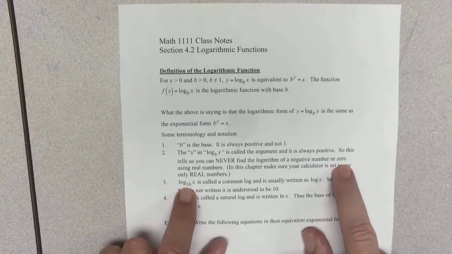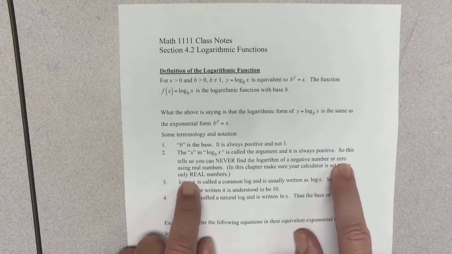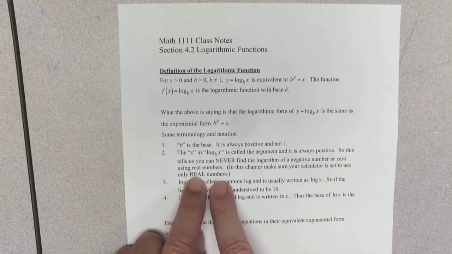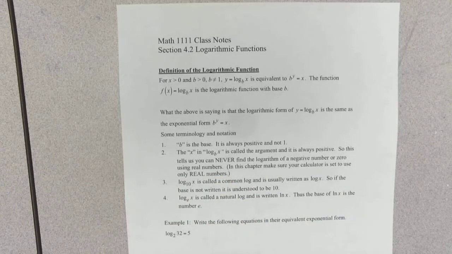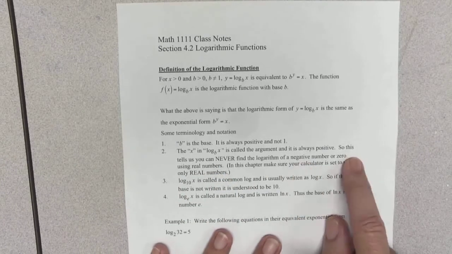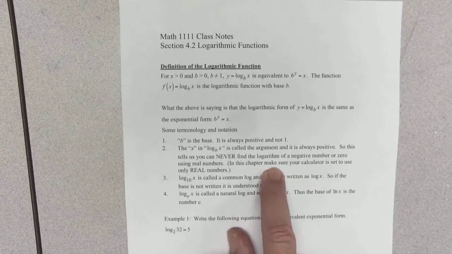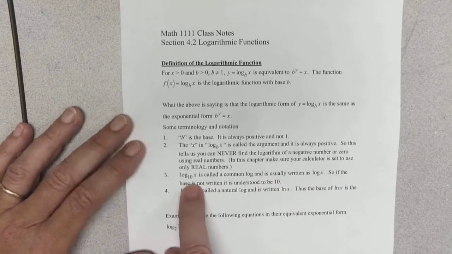That's somewhat misleading: log of 0 is always undefined, no matter what type of numbers you're using. But we're only going to use positive numbers, so you can't do the logarithm of negatives or zeros. And make sure your calculator is set for real numbers.